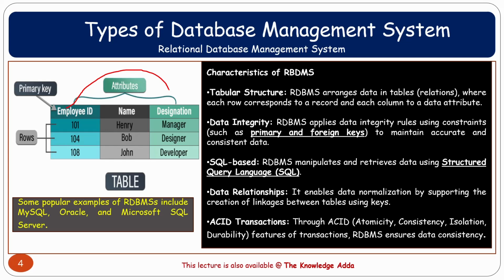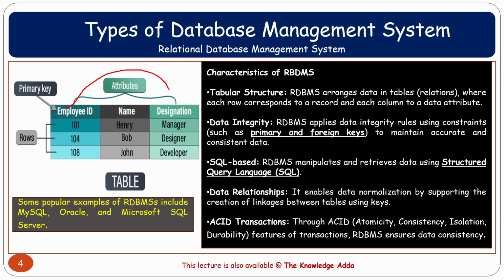Also, in a relational database management system we have SQL, the structured query language. This language is used to communicate with the database, to fetch the data, manipulate the data, and delete the data.